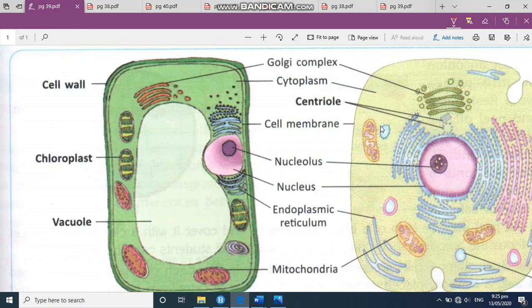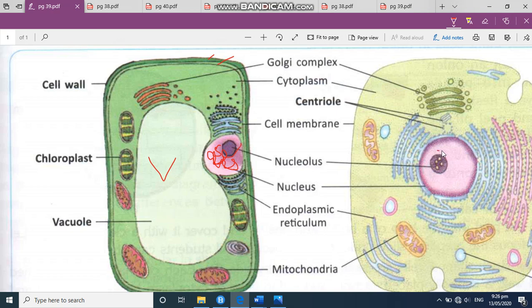After reading all the parts of the cell, now this is the comparison, right? So see, this plant cell is made up of, this is outer and this is inner. So outer is cell wall, inner is cell membrane. Then a large vacuole inside. Okay, this is nucleus. You can't see, but there is a zigzag. This is chromatin fiber.